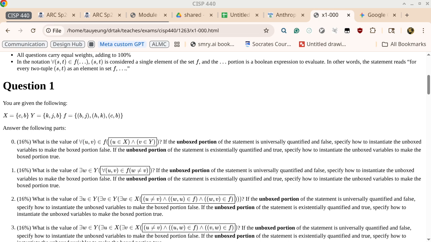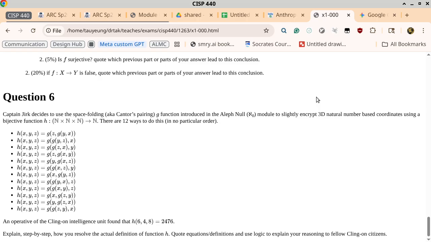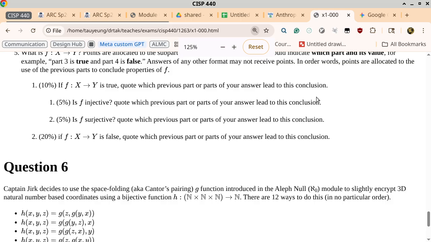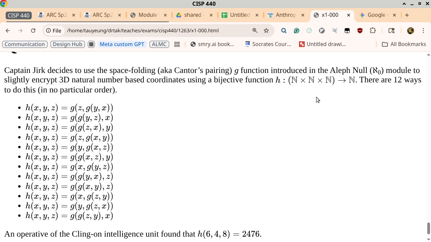So question number six is a Star Trek question without copyright infringement. I'm going to read the question, and let's zoom in a little so people in the back can read the entire thing too.